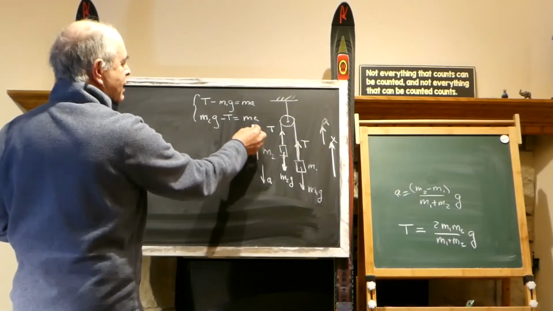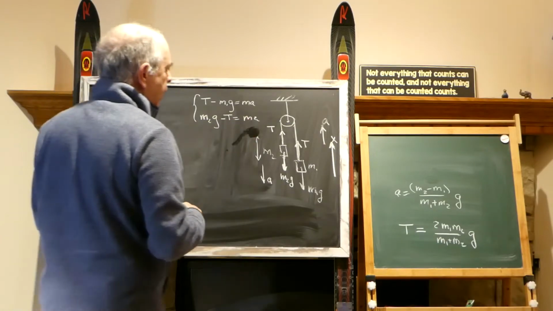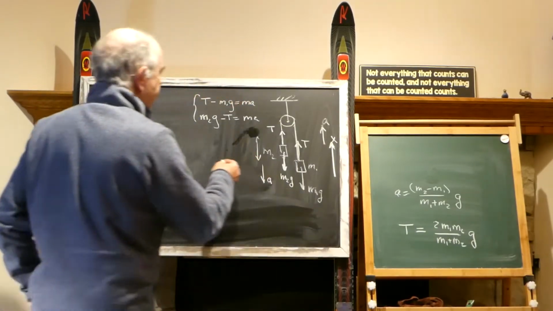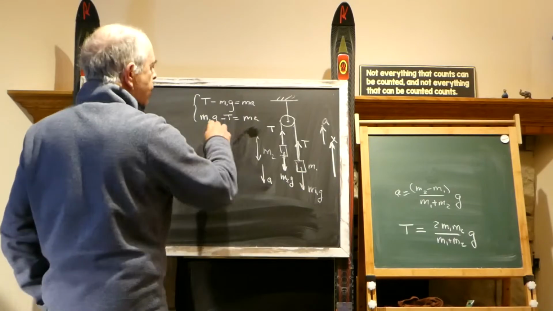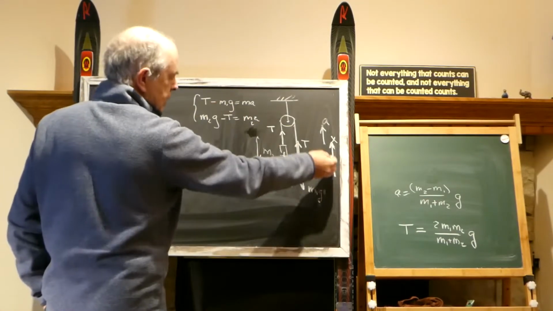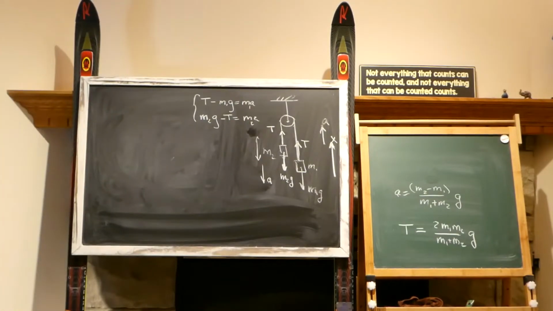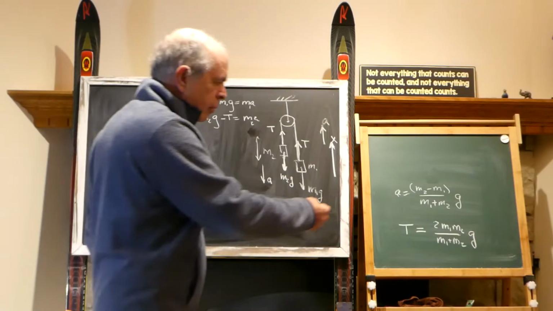If I put X down in this solution, this would be correct, because M2G minus T equals M2A, and this is the same as in the previous solution, only I forgot index 1. So this is the thing, and then we receive this.